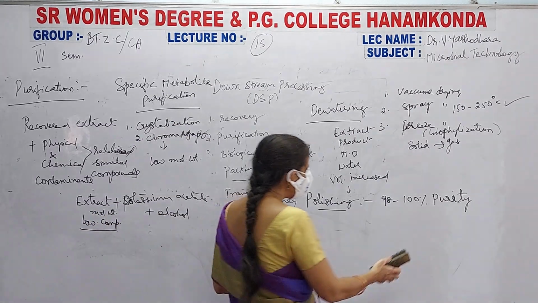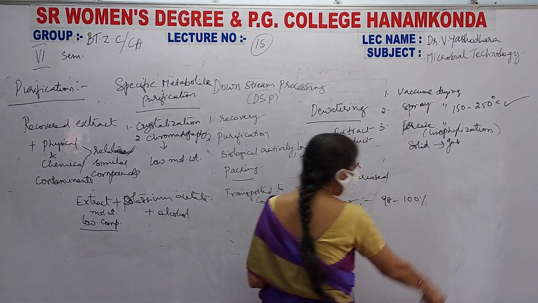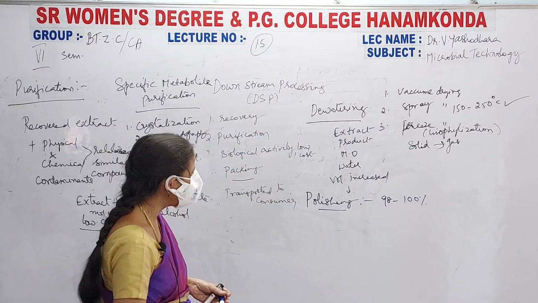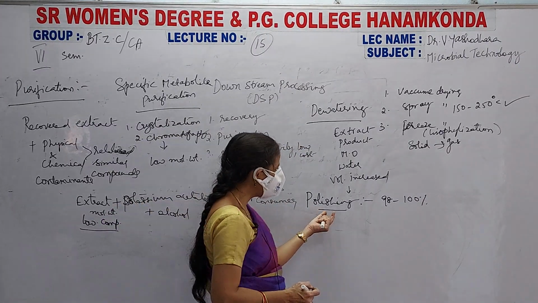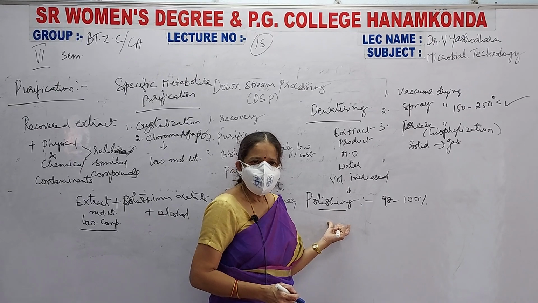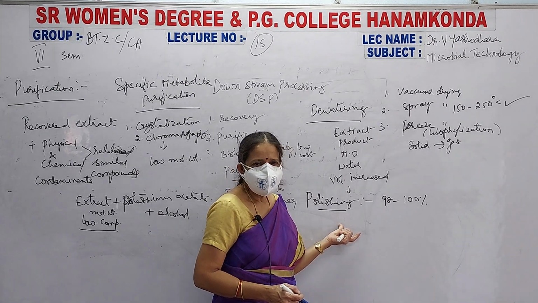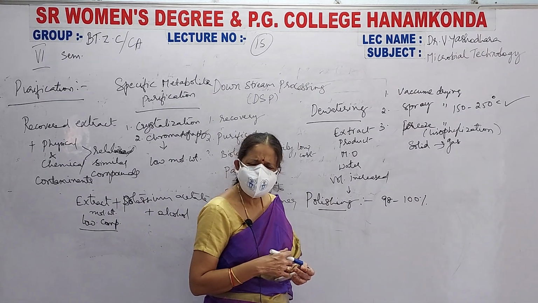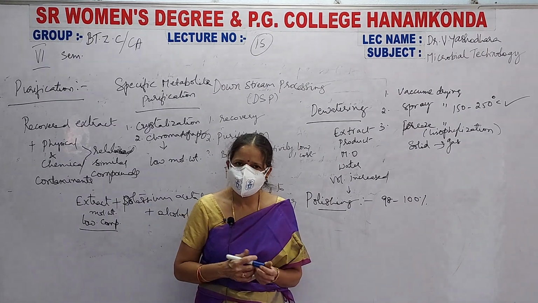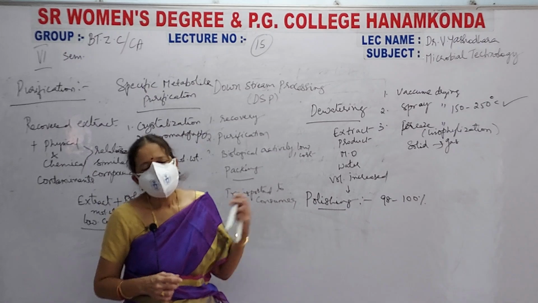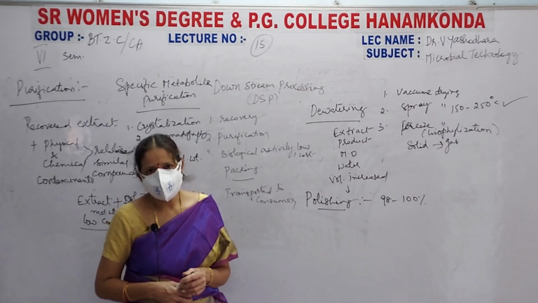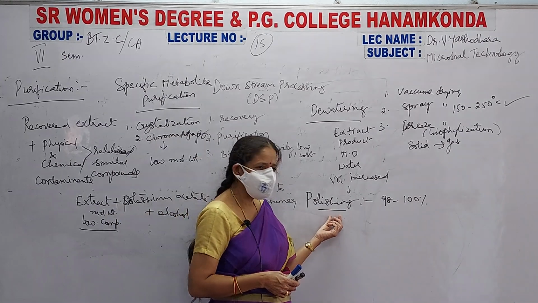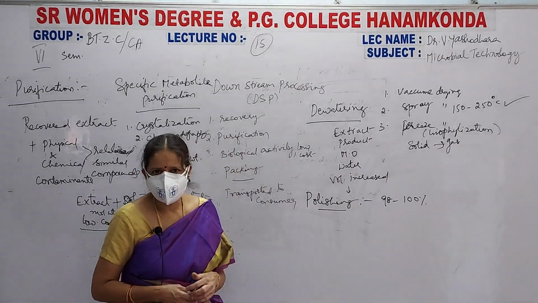This extra purity helps in the marketing and transportation of our product. Extra care will be taken for purification, and again you go for ion exchange chromatography or adsorption chromatography, purifying your compound.